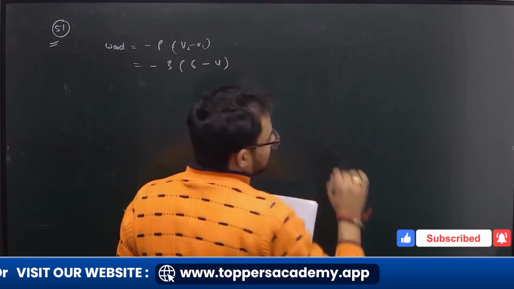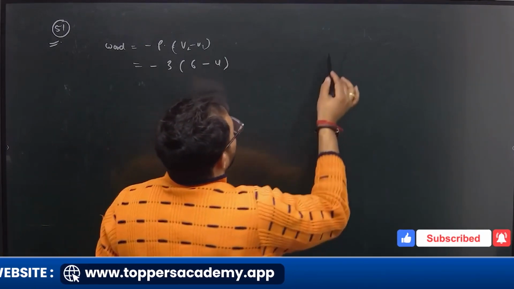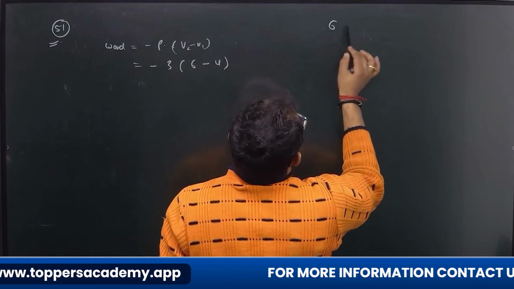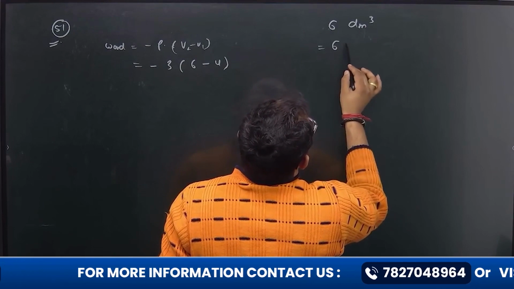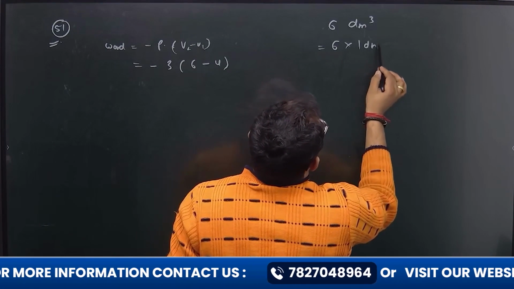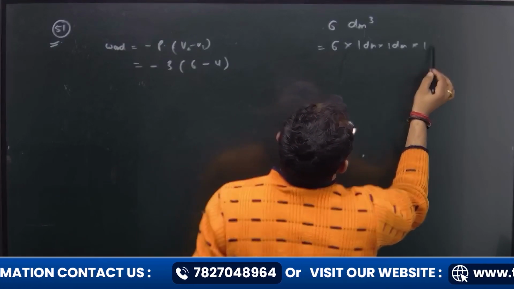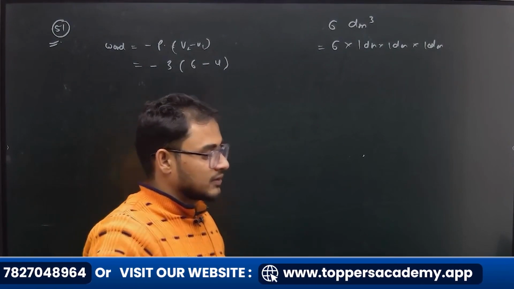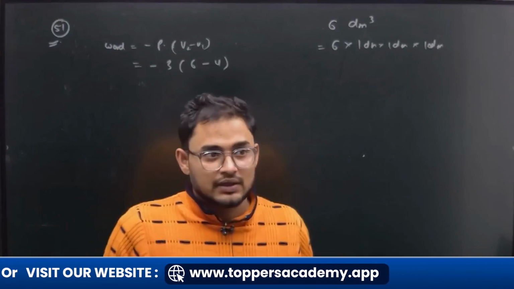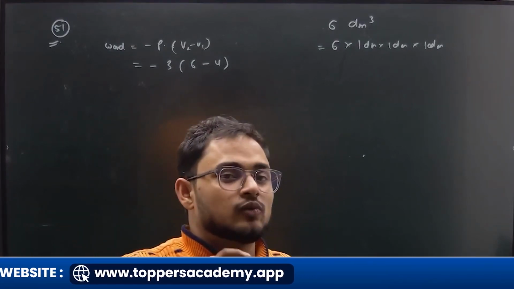Let me tell you what is the meaning of decimeter cube. Suppose 6 decimeter cube. So what is the meaning of it? I can write 1 decimeter into 1 decimeter into 1 decimeter, right? What is the meaning of deci? Deci means 10 to the power minus 1.